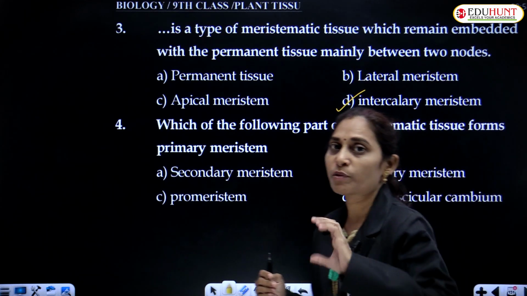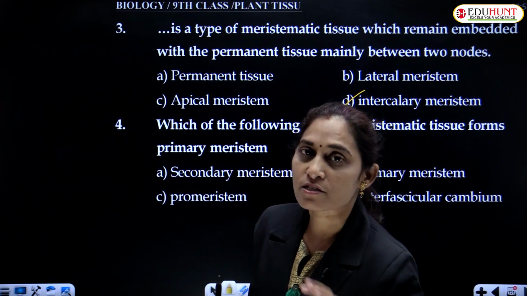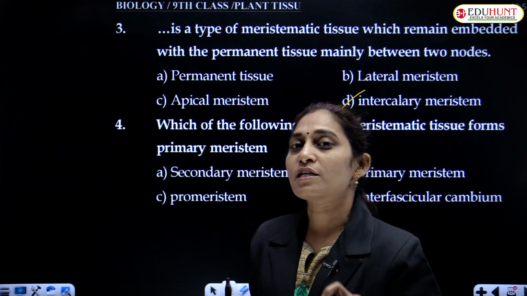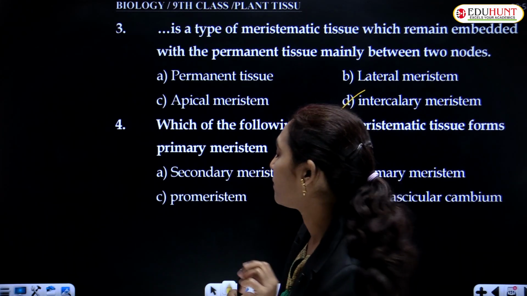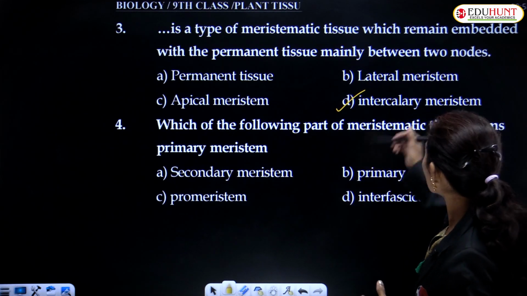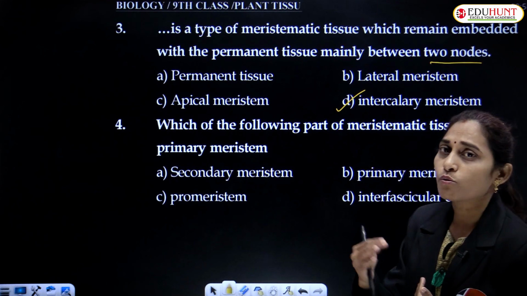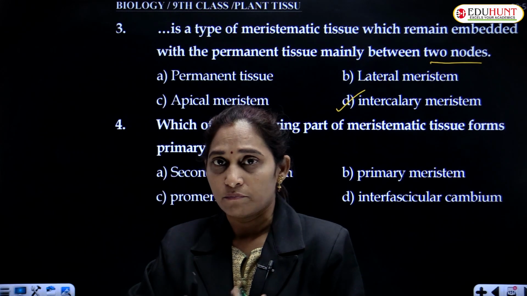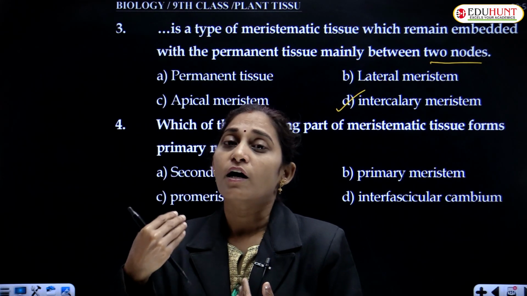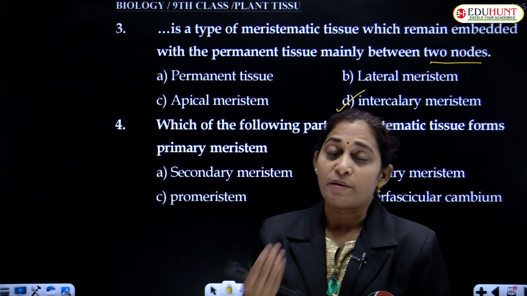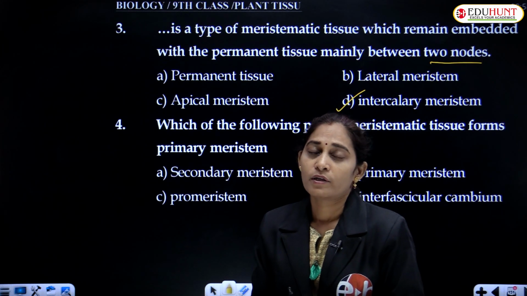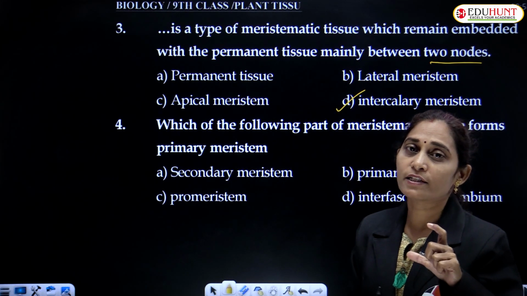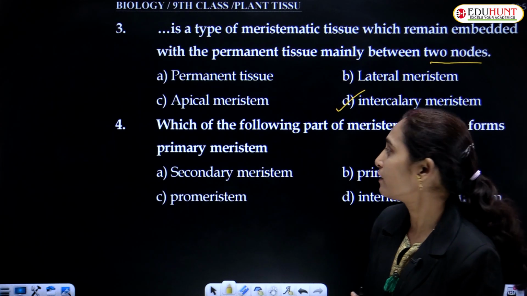Intercalary meristem is the meristem that is present between two permanent tissues. At the nodal region between two nodes, it helps in lengthening of the stem of the plant, like bamboo. It increases the internodal length. If the internodal length increases, the plant height also increases.